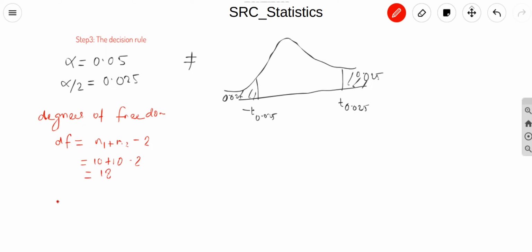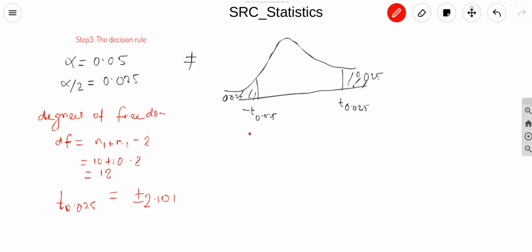Now from the critical value table, for alpha equal to 0.05, or alpha by 2 equal to 0.025, and df 18, we find the critical value to be plus or minus 2.101.